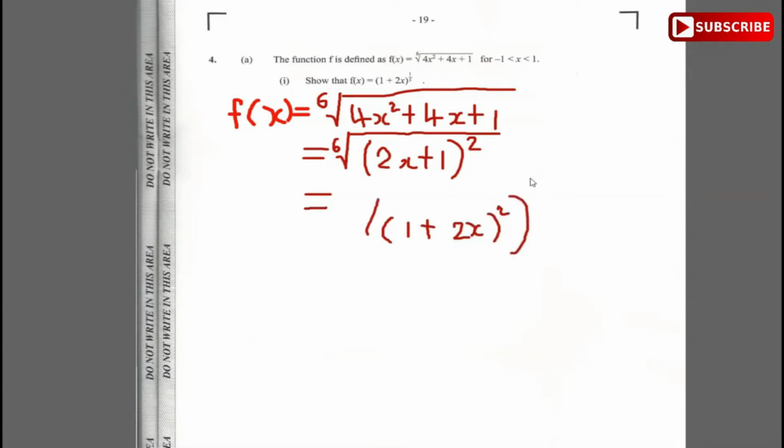But then, by laws of indices, this is really (1 plus 2x) to the 1/3 power, because it becomes 2 times 1/6. So we get 1 plus 2x raised to the 1/3.